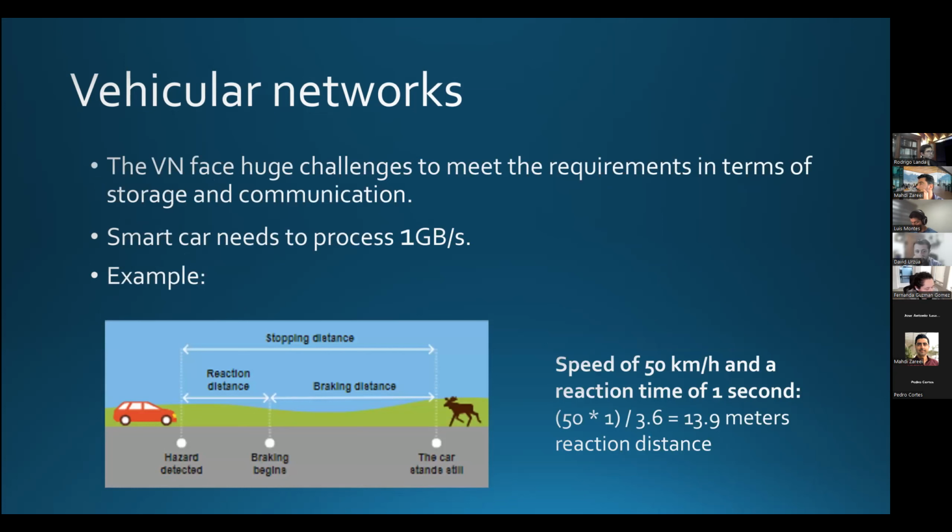Vehicular networks right now face huge challenges to meet the requirements in terms of storage and communication. There's an estimation, I think from Intel, that a smart car needs to process 1 gigabyte per second to make decisions.